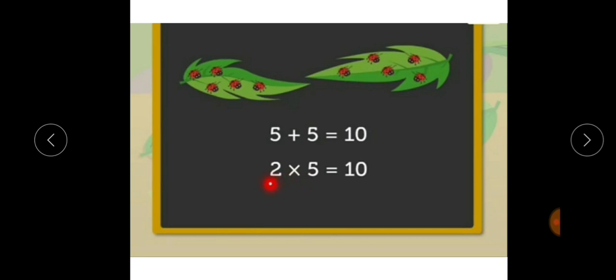And using the multiplication symbol, we can write 2 multiplied by 5 is equal to 10. Here 2 is the multiplicand, 5 is the multiplier and 10 is the product. Okay, children?